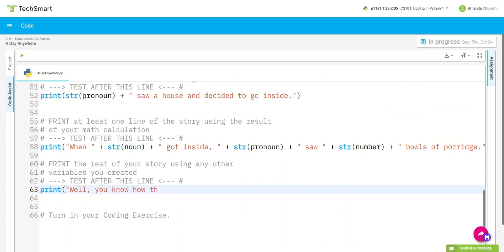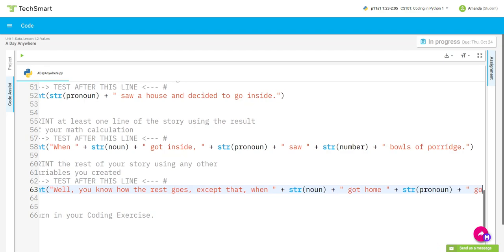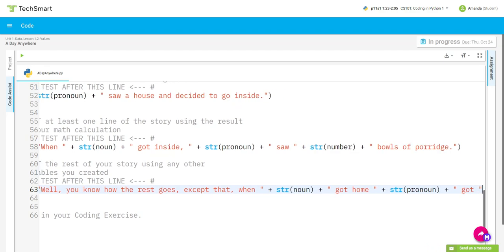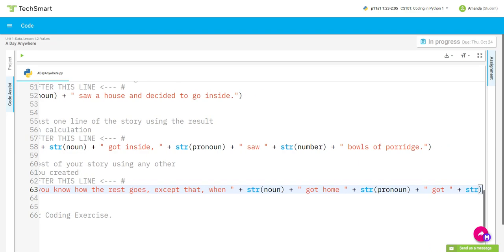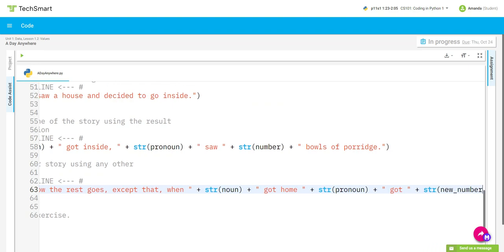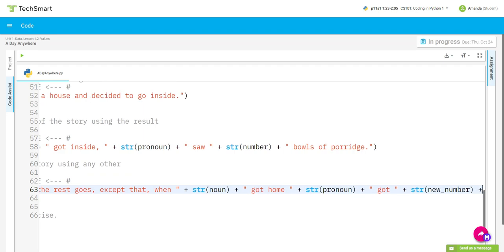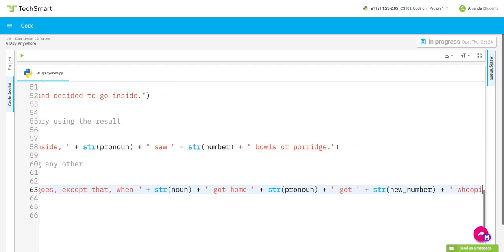Well, you know how the rest goes, except that when plus str noun plus got home plus str pronoun plus space got plus str new underscore number plus space whoopins.